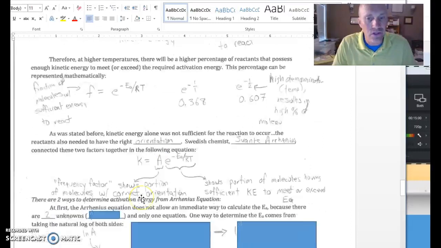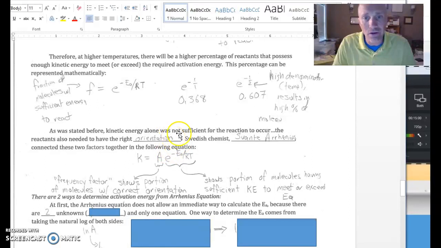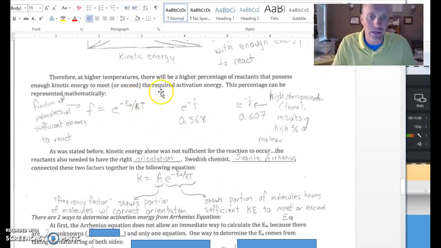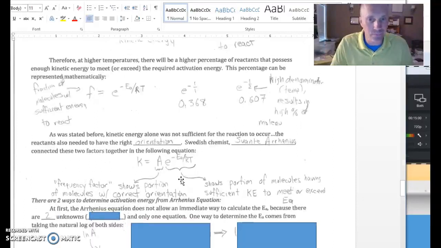You're not responsible for how these equations got derived, but I do want to point out that at least this equation right here is in the data booklet, so it's available for you if you need it.